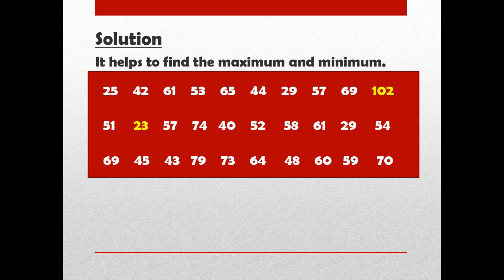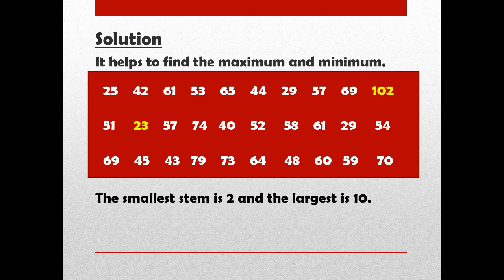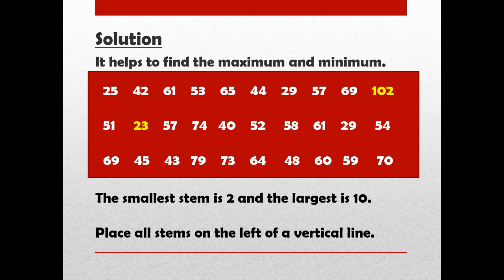So that means when I write my stem and leaf plot, I'm going to have a 2 for a stem and a 10 for a stem. And I'm going to have to write every stem, every number between those 2 values. So we're going to place all those stems on the left side of a vertical line. So we'll keep the data set up there in the upper right hand side so that we can refer to it.